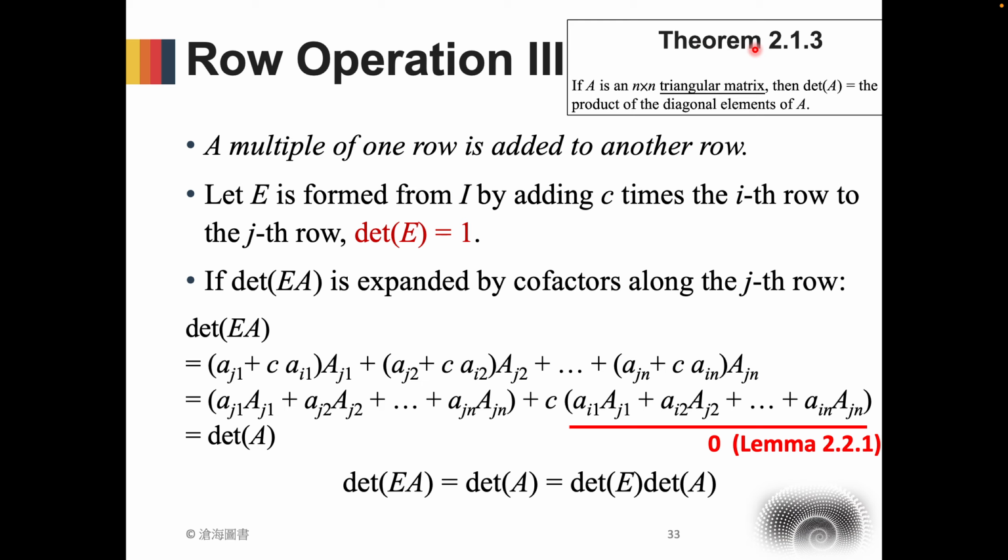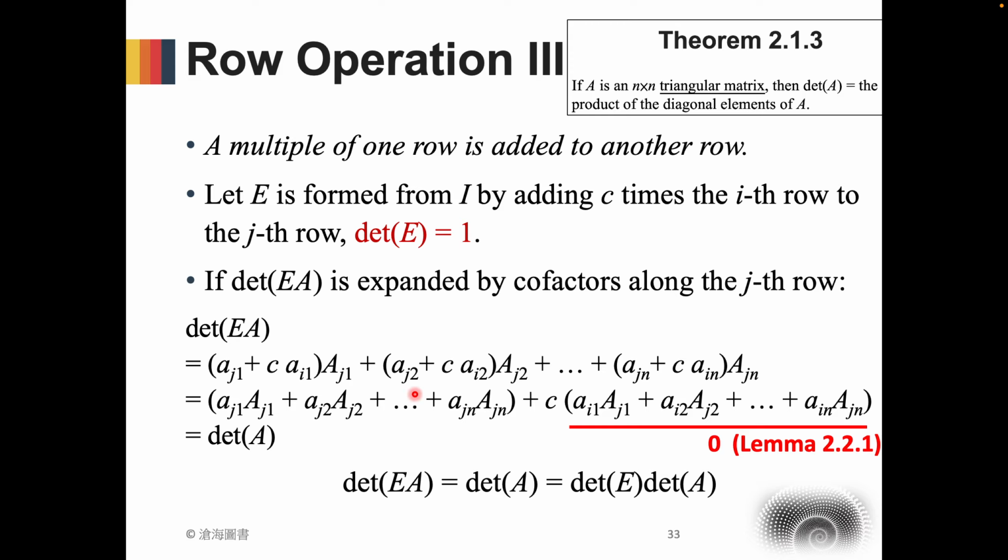And according to Theorem 2.1.3, for any triangular matrix, its determinant is equal to the product of the diagonal elements, right? Please go check the elementary matrix of type 3. It's actually a lower triangular matrix or an upper triangular matrix. So its determinant should be equal to 1.